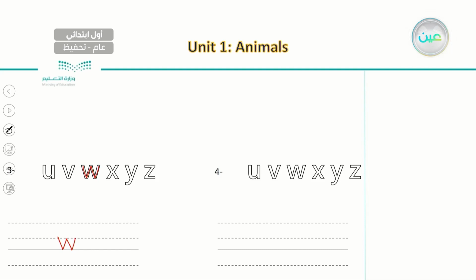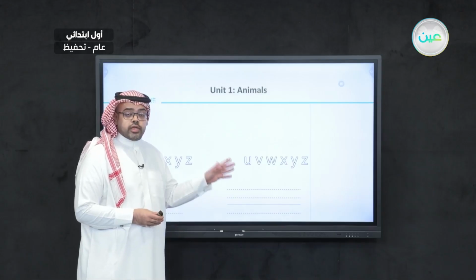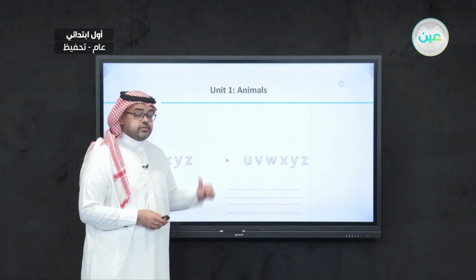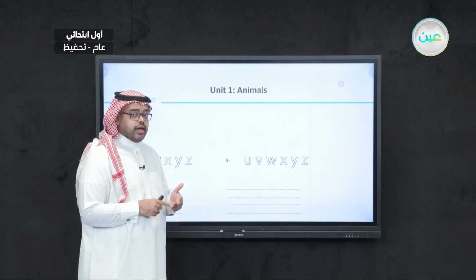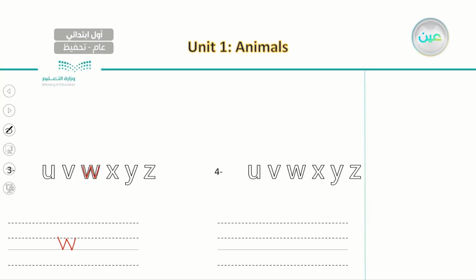Now, let us move on to number 4. Let's listen to the letter with number 4. After we listen, we're going to trace and write. The letter with number 4 is letter X. Here we need to trace letter X like this, and then we write it down here on the line.